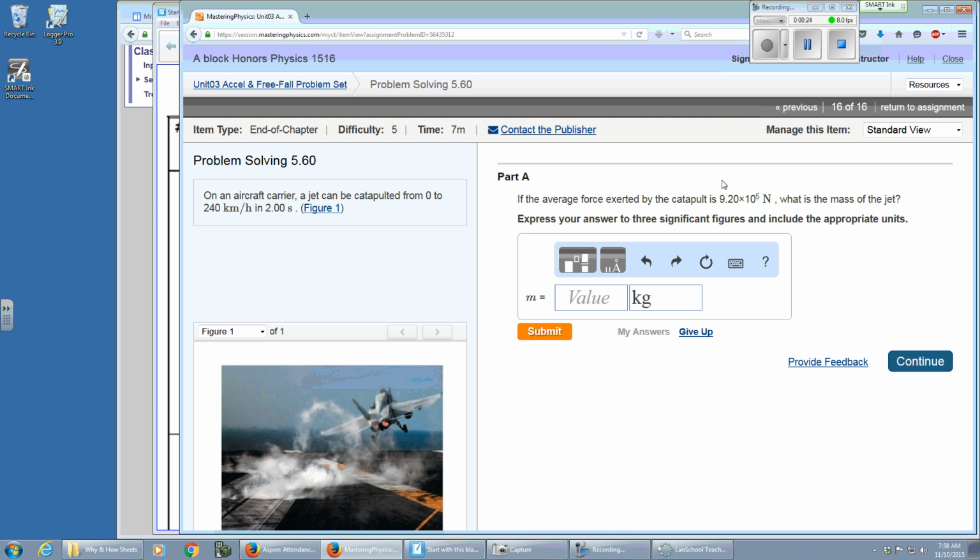And they gave us the change in velocity or change in speed of the aircraft and the amount of time it took. So this is one of the ones where you could do just a force diagram, or you could do a force diagram with a little bit of verbiage, a little bit of writing. I think probably a little bit of writing, but mainly a force diagram on this one.